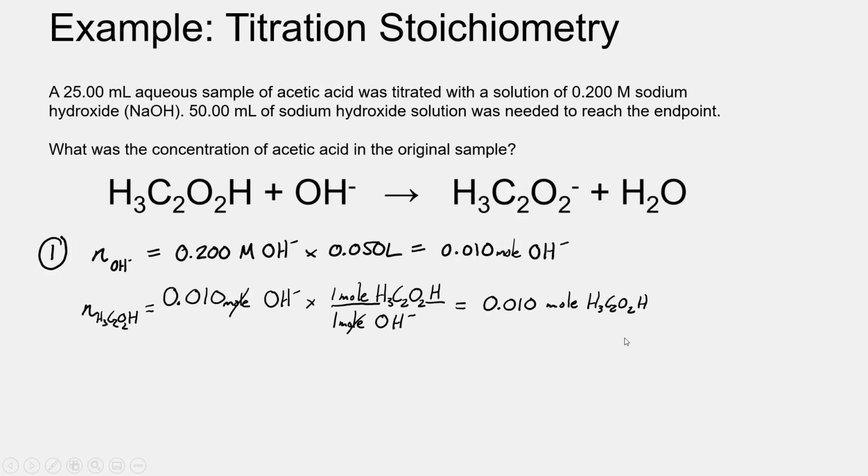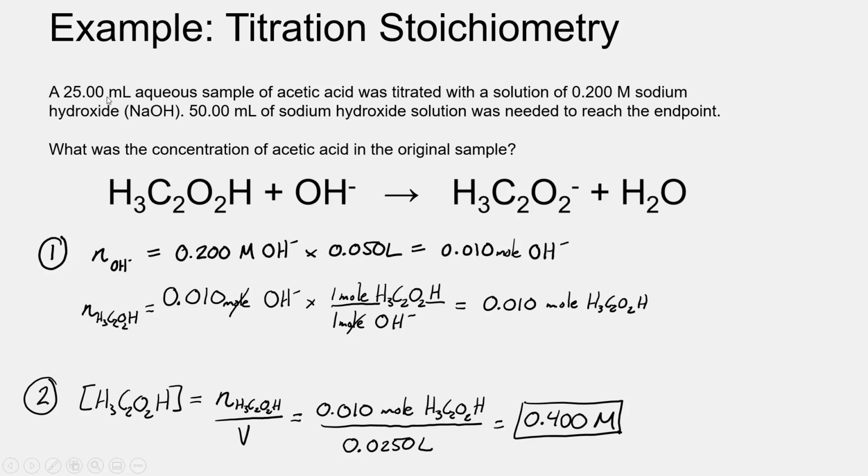Lastly, to get my original analyte concentration, all I have to do is divide by the volume of the acid unknown in liters. So take the 0.010 moles of the acetic acid and divide by 0.0250 liters. The original concentration of the acid must have been 0.400 molar. We're entitled to 3 sig figs because we had 3 sig figs in the molarity of the sodium hydroxide.